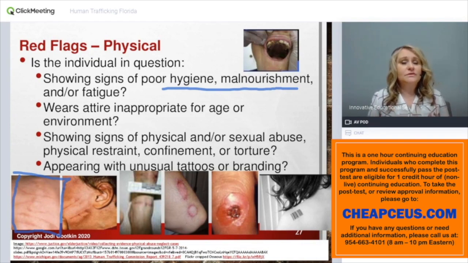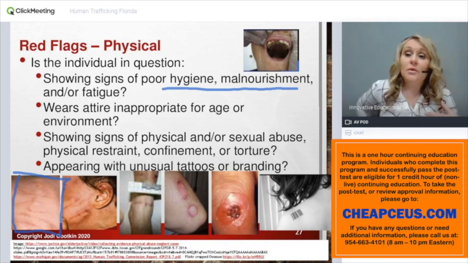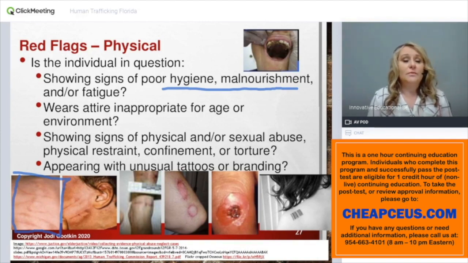Oftentimes, when traffickers are abusing their victims, they're doing it in ways that will not compromise that worker's ability or not be physically visible. So a lot of times it'll be down on the lower back area that we'd be looking for this. If you see different wounds, bruises, or radiologic findings that are at different stages of healing that don't fit with the mechanism of injury, that would be a red flag for potential abuse for an individual.